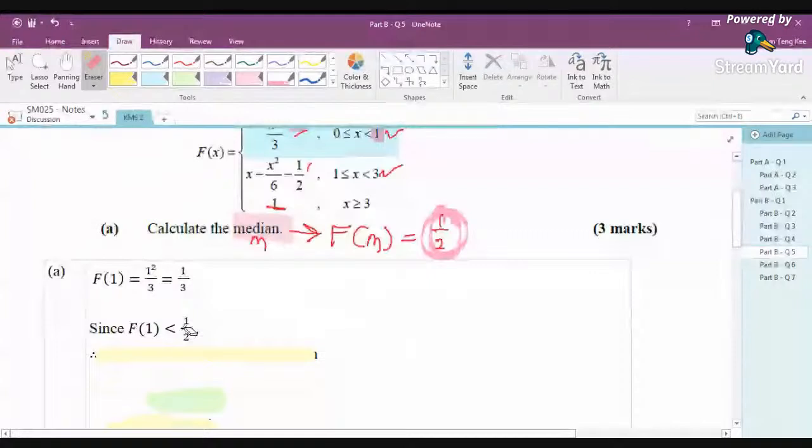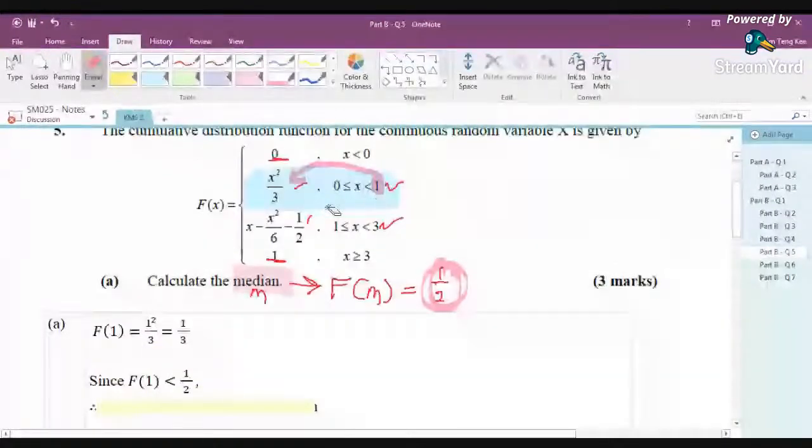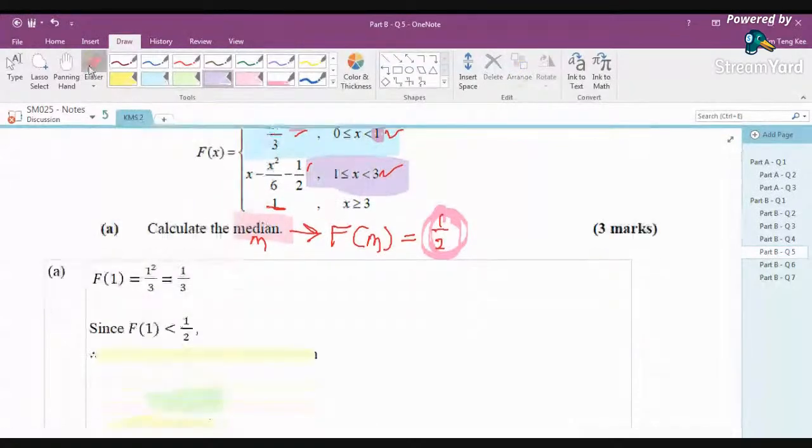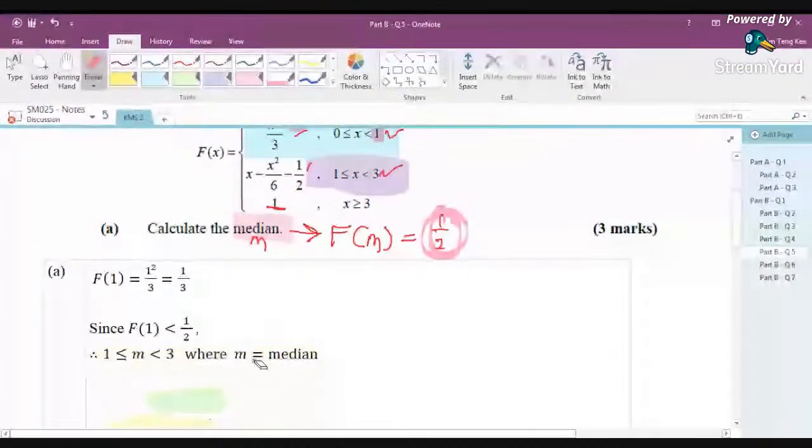If not this interval, then your only choice is the third interval, which is the one I highlight in purple now. So we come to the conclusion that if m is our median, it is in this interval: from 1, including 1, up to 3, not including 3.